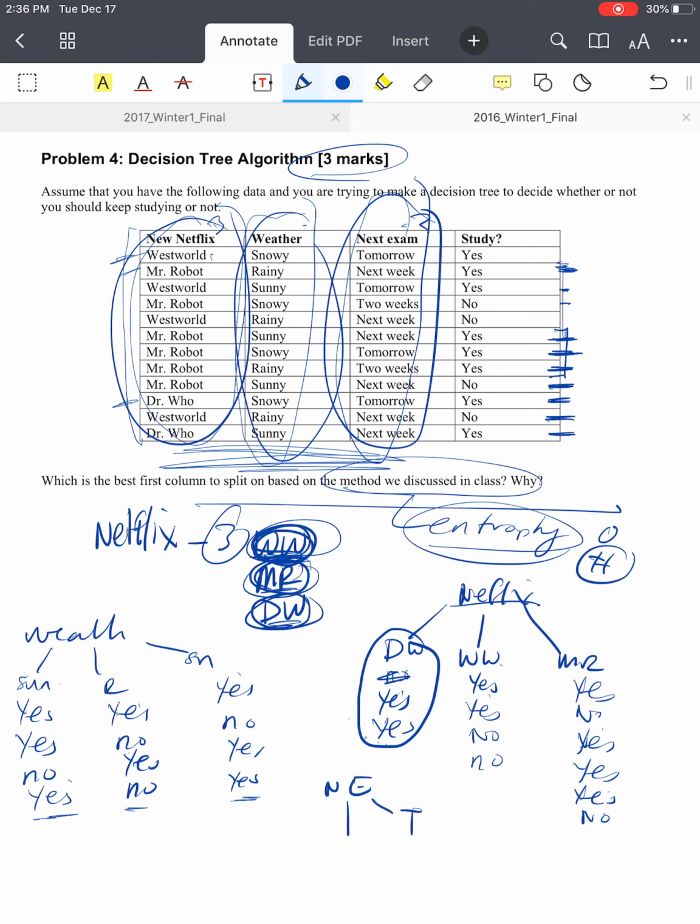Next exam. So there is tomorrow, next week, and 2 weeks. Let's see how they fare. Tomorrow is a yes. Next week is a yes. Tomorrow is a yes.